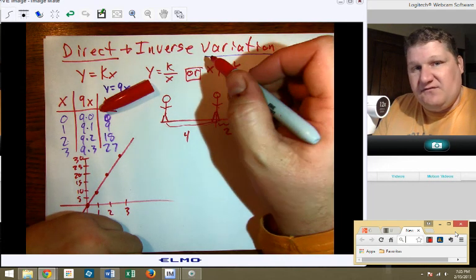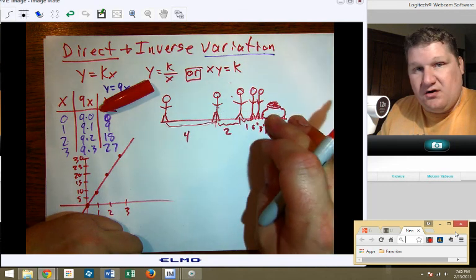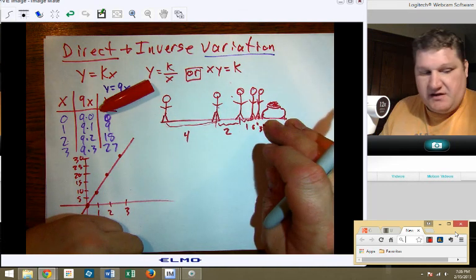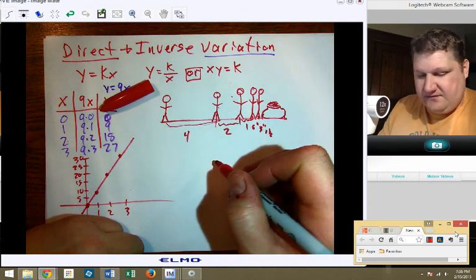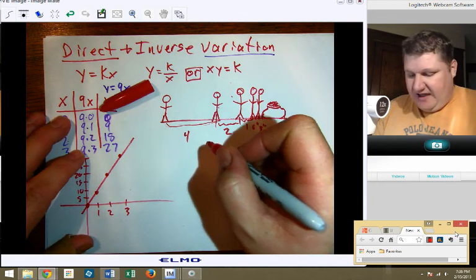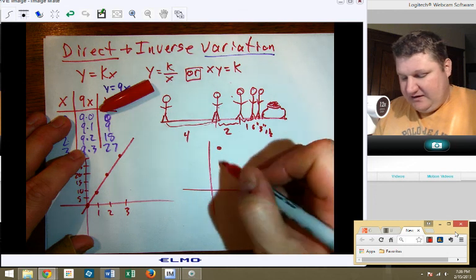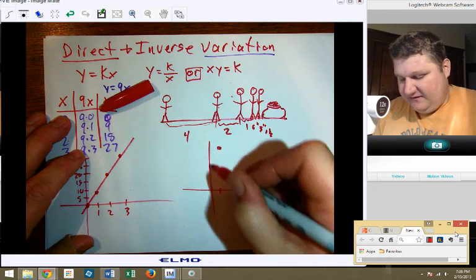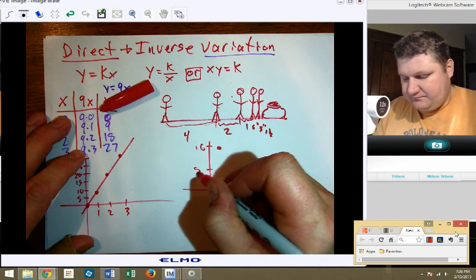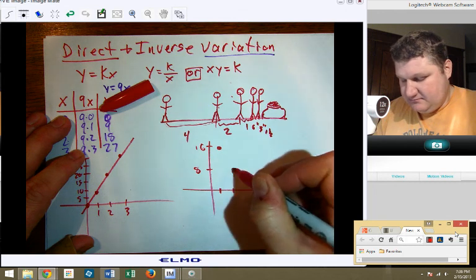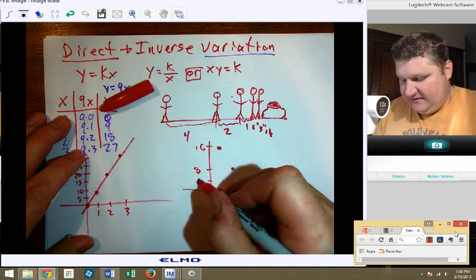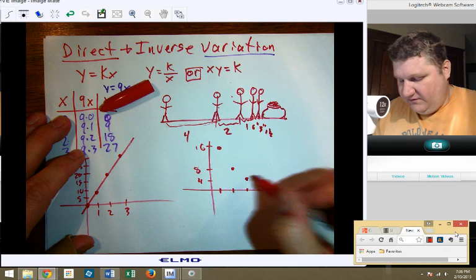This is the idea of inverse variation. As something gets more, something else shrinks. What you'll find is that the graph looks like this. You may have started at 16, but half the distance from 16 was 8. And half that distance was 4.